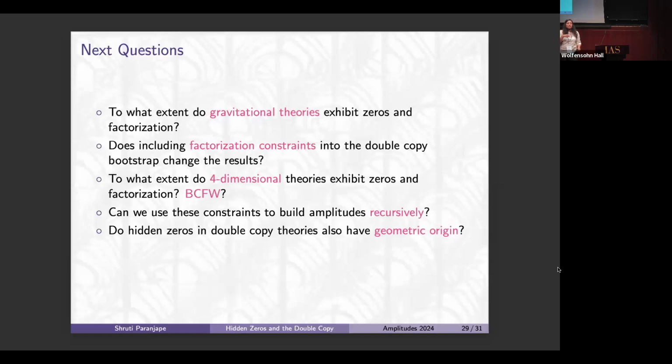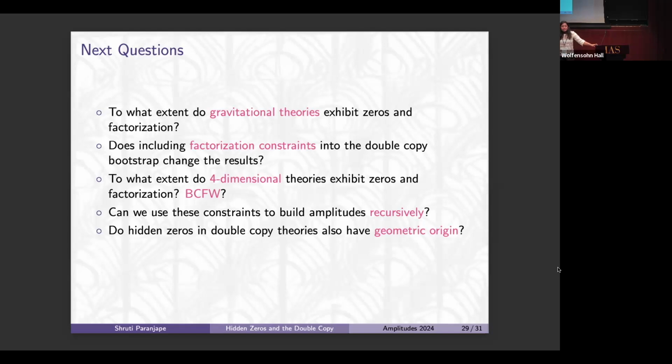For example, there's a 1 over the determinant, and some of the zeros in the KLT kernel seem to come from the 1 over the determinant, and some of them seem to come from the fact that you're taking this adjoint matrix. And that depends on which basis you've chosen. So it's possible that this is true, but it's definitely not as simple as going onto some factorization channel in the biadjoint scalar, and that looks like a zero in the KLT kernel. So it's not as straightforward as that, but maybe there's some underlying connection that we haven't seen yet. Thanks.